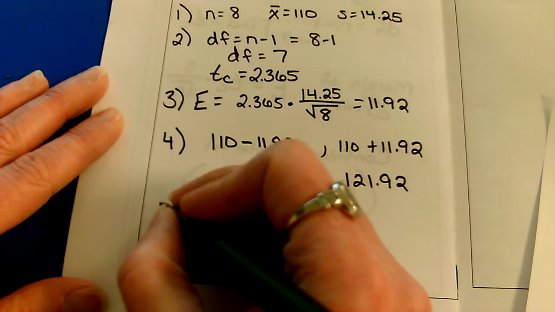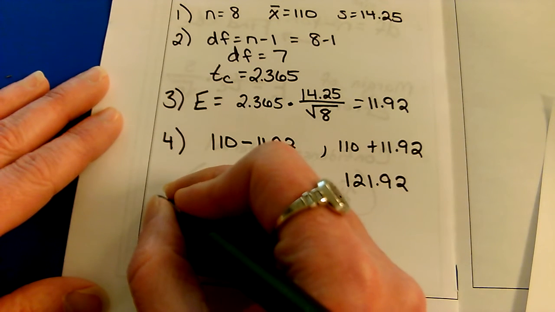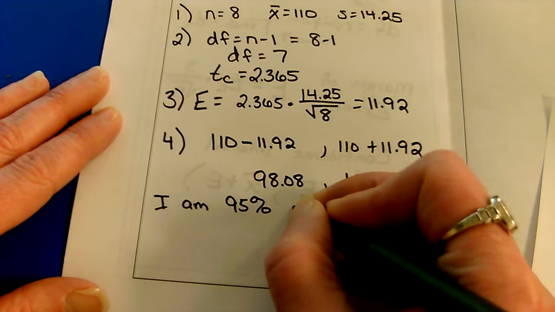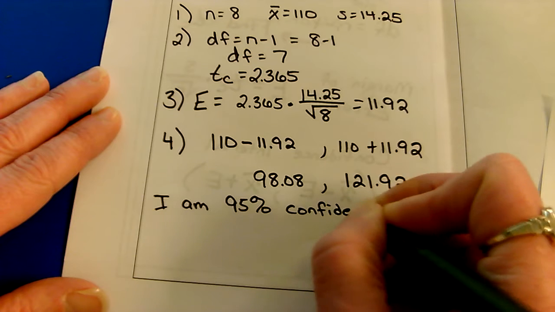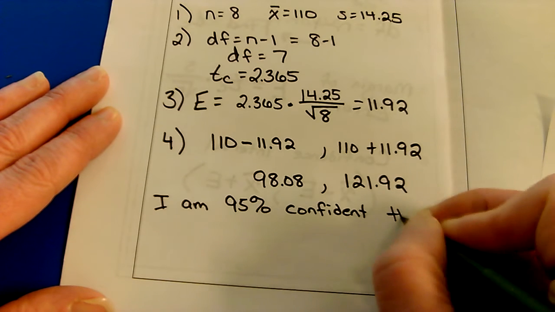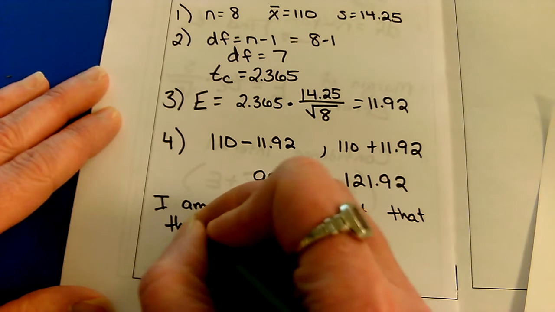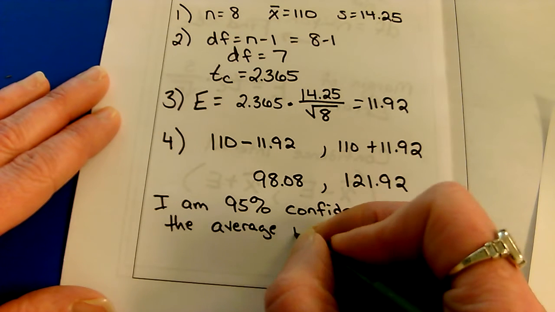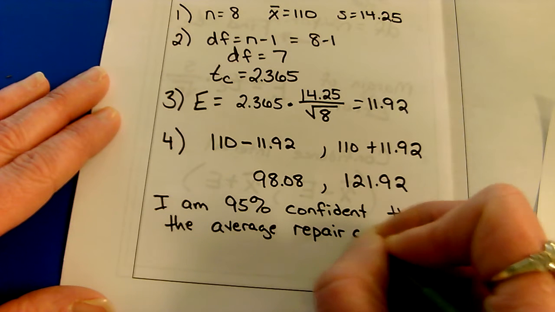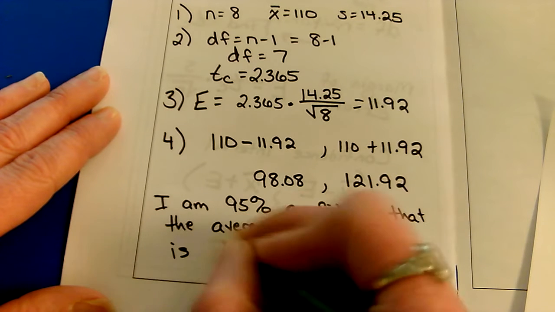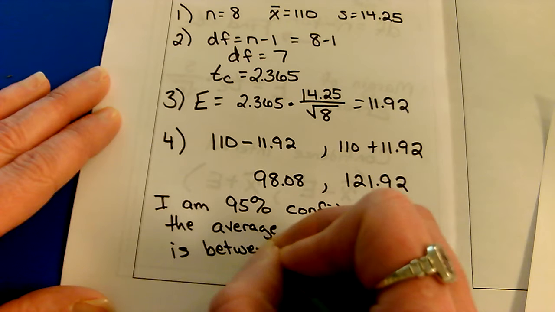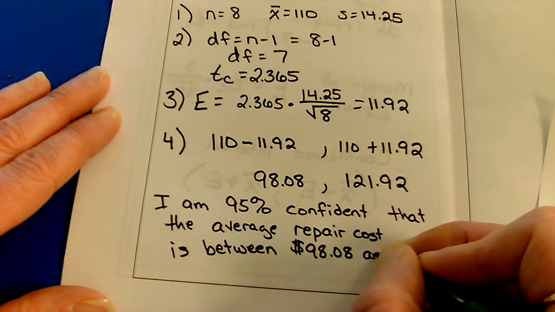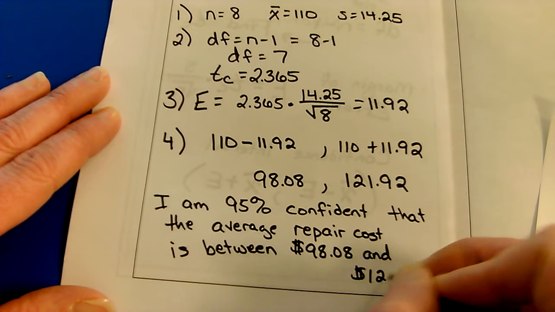This means I am 95% confident that the average, what was this, cost of repair, average repair cost is between 98.08 and 121.92.